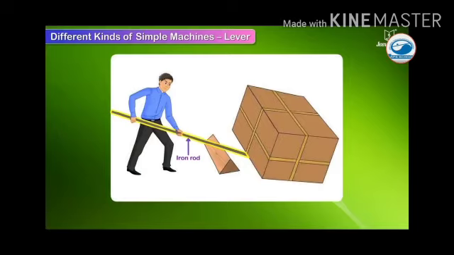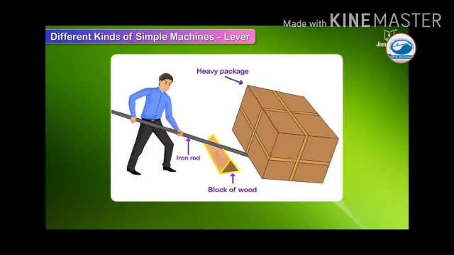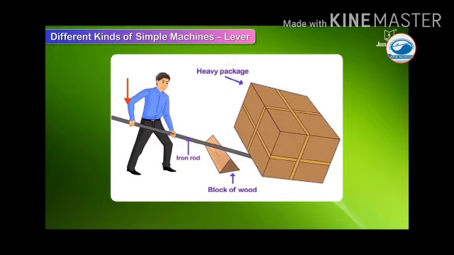The man is using an iron rod to lift the heavy package. He has placed a block of wood close to the package and he is resting the rod on it. He applies a downward force and thus is able to lift the package.